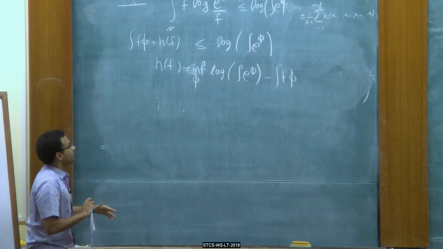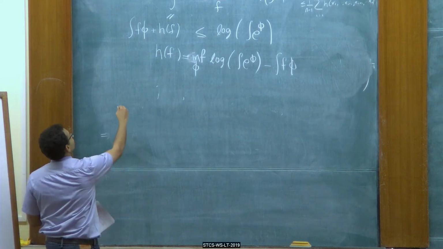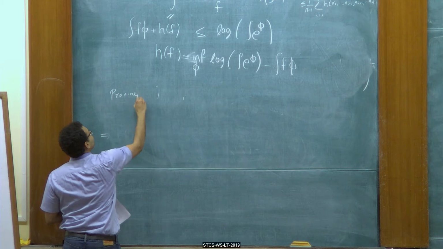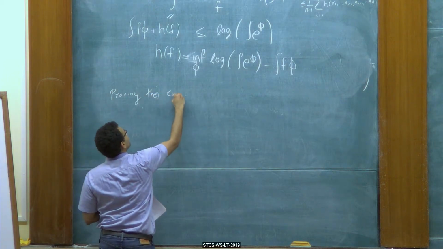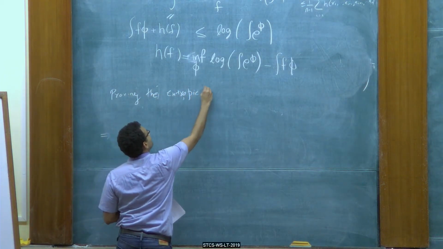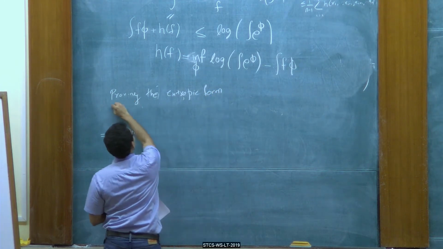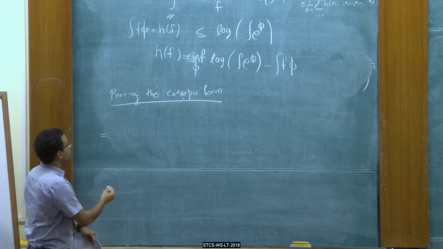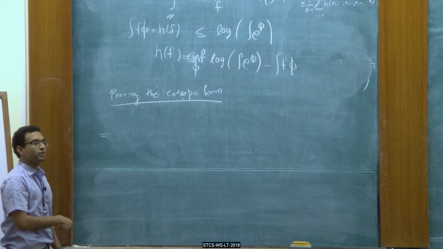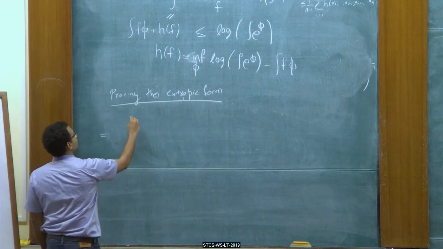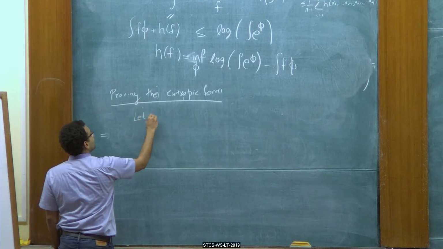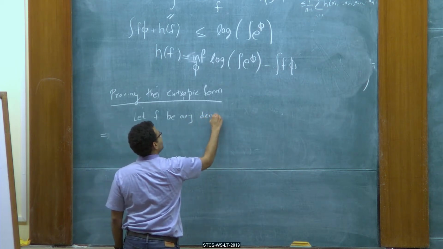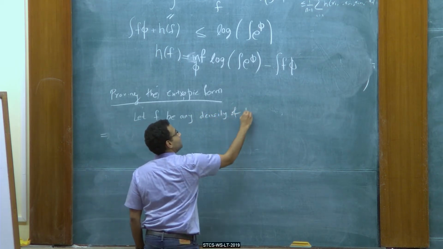All right, so now let's prove the entropic form first. If you want to prove the entropic form, we assume the functional form holds, and then we want to prove it. So let f be any density on Rn.